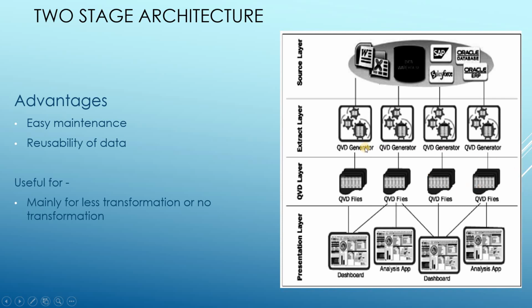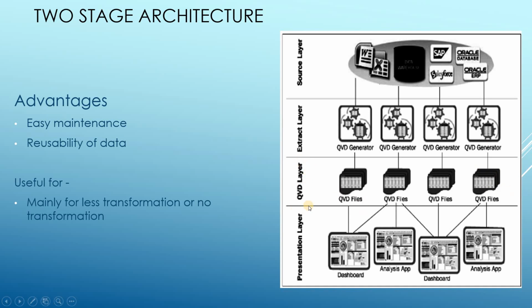It means your QVD layer will always keep the perfect and necessary information for your presentation layer. That's the reason we always suggest performing as many transformations as possible in the extract layer.